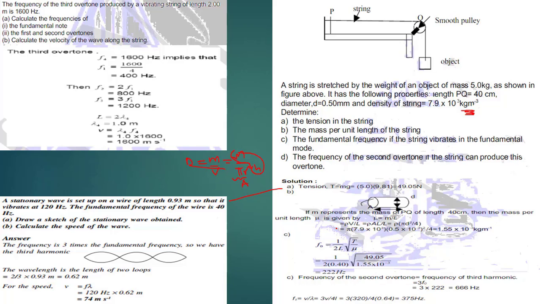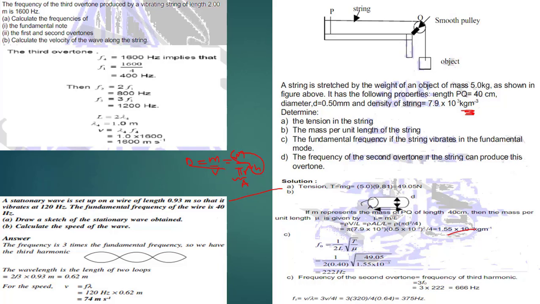So multiply by 0.25 squared, lakini kumbuka lazima iwe in terms of meters. So unamultiply na 10 power negative 3. So you get your mass per unit length, ambayo inakuwa ni 1.55 times 10 power negative 3 kilogram per meter.